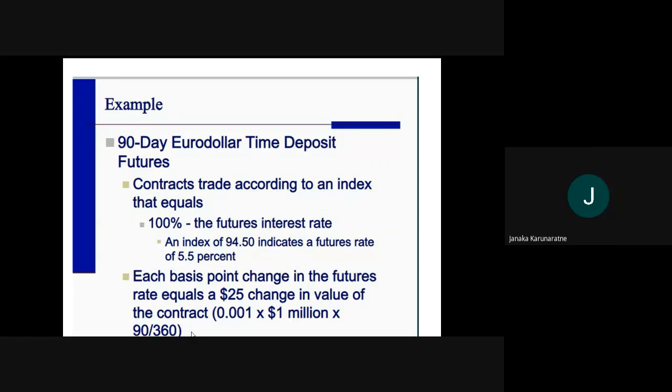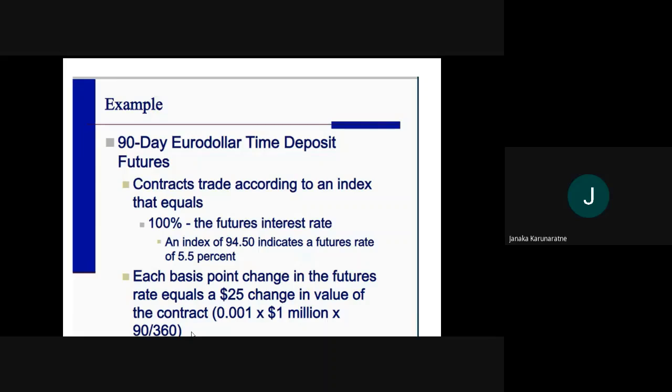If you look at it now, I said one basis point change, that is 0.01%, will result in a $25 difference for a $1 million contract. Now, if 1 basis point results in 25, 1% means how many basis points? 100 basis points.